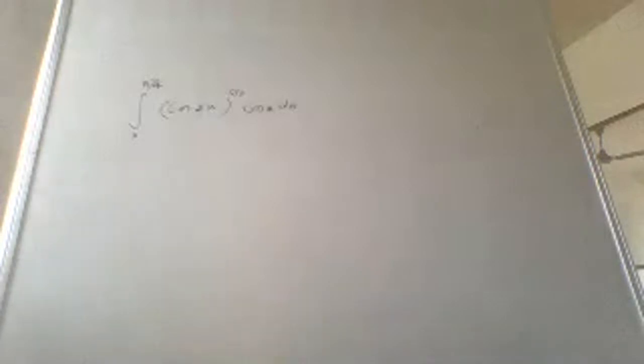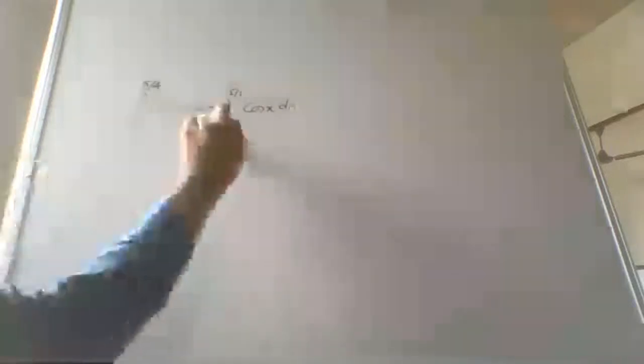Again, reduction formula for cos. So the integral from 0 to pi by 4 of cos 2x to the power of 5 by 2 and cos x dx. Now for this, let me put root 2 sin x as sin theta.